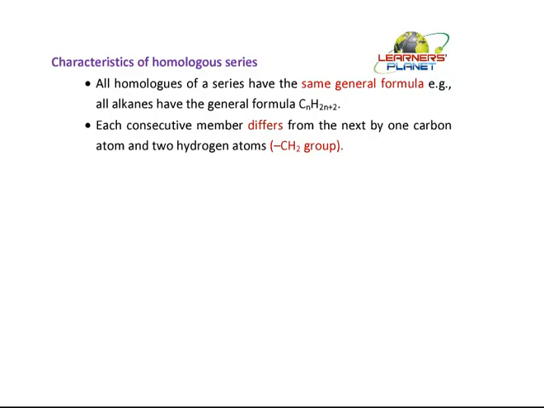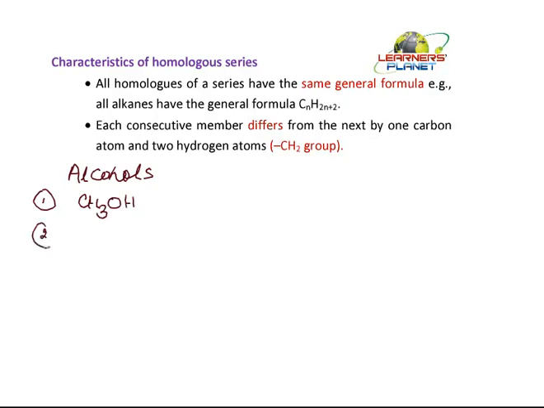I have written the homologous series for alkynes; now I'll write the homologous series for alcohols. What will be the members of this series? The very first member would be CH3OH.